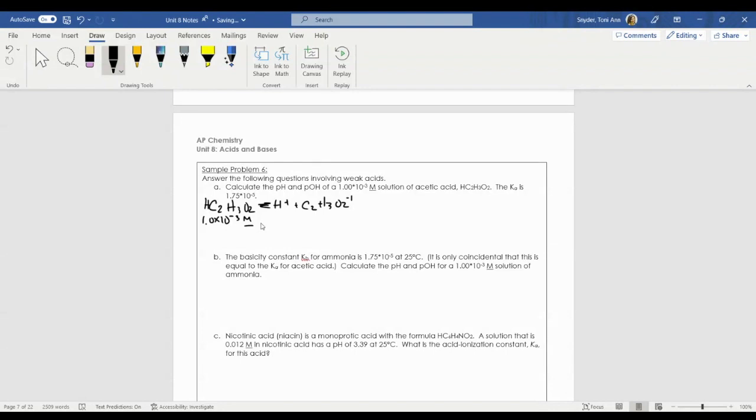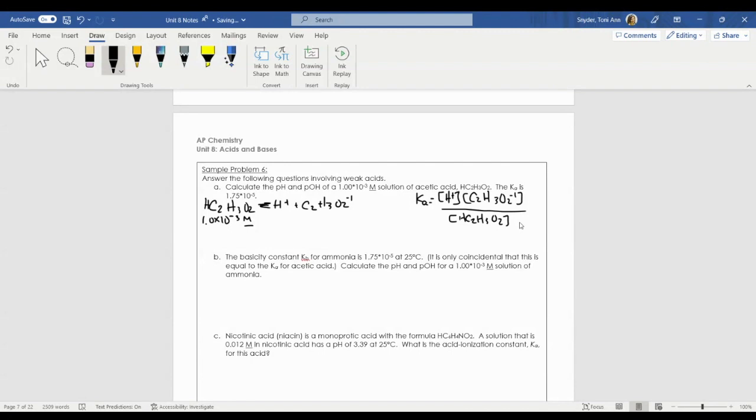So we have to figure out what that would be, and I could determine that because I'm given the value of Ka, which is 1.75 times 10 to the negative 5th. So let's write an expression out. Ka is equal to my concentration of the hydrogen ion times my concentration of the acetate ion, over my concentration of acetic acid.